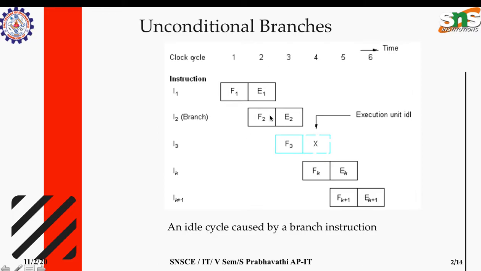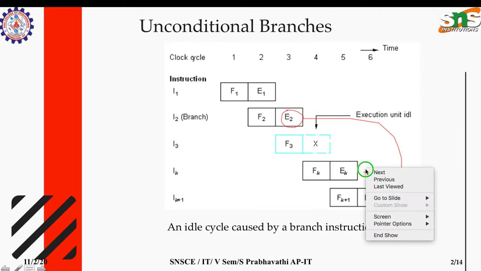So what's happening? Instruction 2 is fetched at clock cycle 2 and it is executed in clock cycle 3. Only after executing this instruction at clock cycle 3 does it turn out that the target address is Ik.